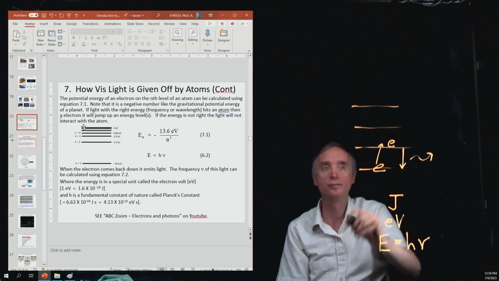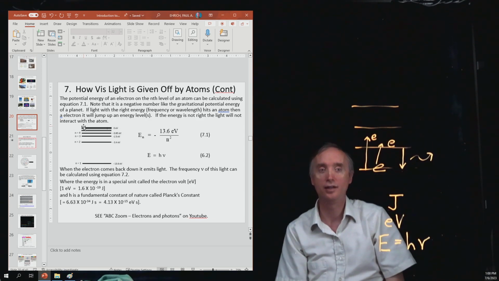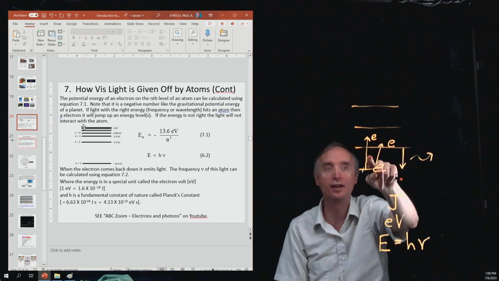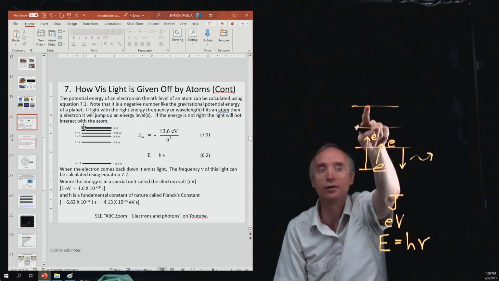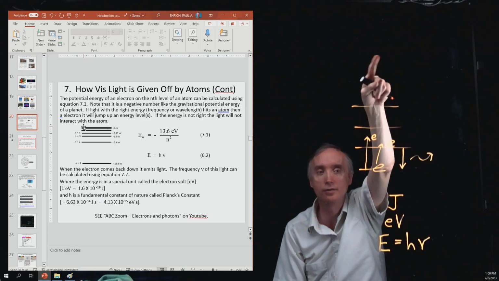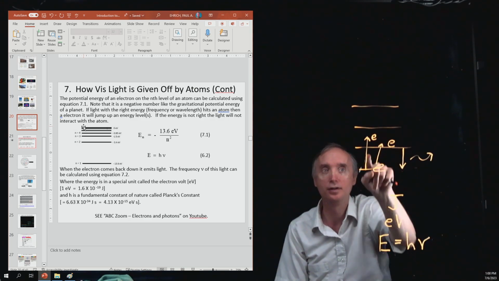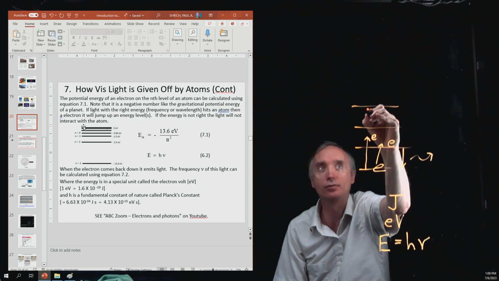Now you might be saying, but what if it does this? What if it jumps so that the electron is located right here? It won't. According to quantum mechanics, an electron can either be here, or here, or here, or on some other energy level above. It may not be here or here, and it cannot even be right there.